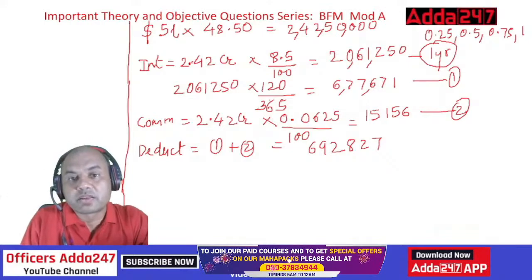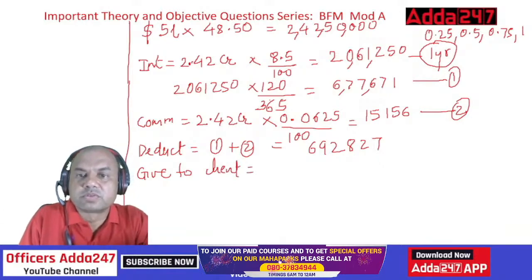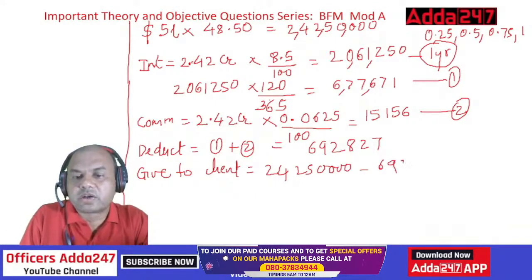So what does it mean? I'll subtract this amount. So given to the client equals 24251234 minus 692827.